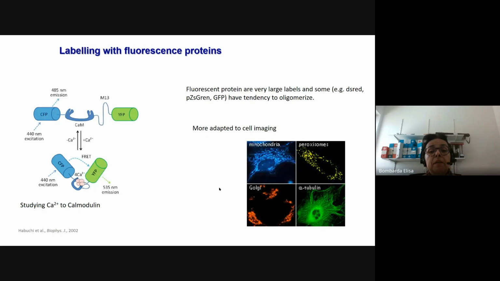But they are well adapted to cell imaging. So again, it's a balance between advantages and drawbacks, and you choose what is best for you.